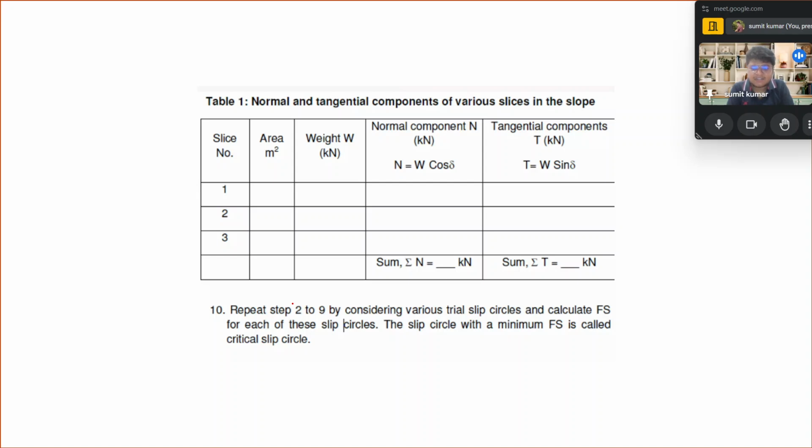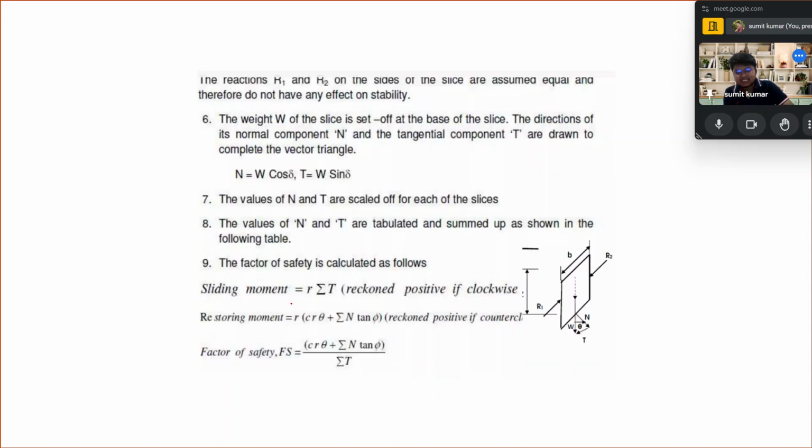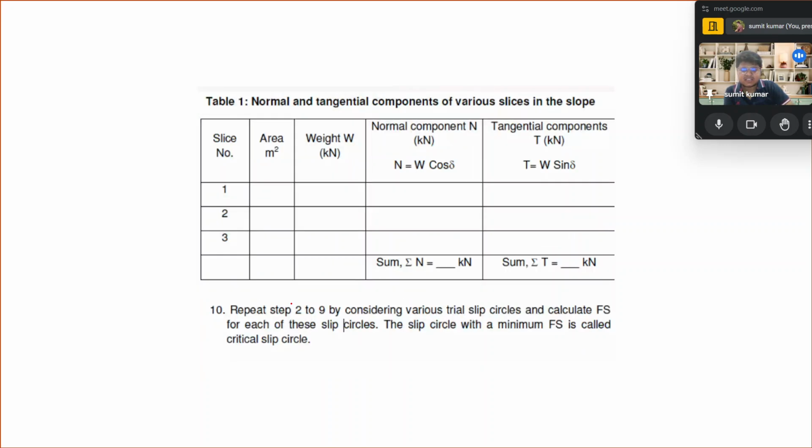Afterwards, you use this equation to find the Fs, and if Fs is less than 1, repeat steps 2 to 9, in which you consider another slip surface, again divide into a different number of slices, and by considering various trial slip circles, you calculate the Fs for each of these slip circles, and the slip circle with the minimum Fs is called the critical slip circle.